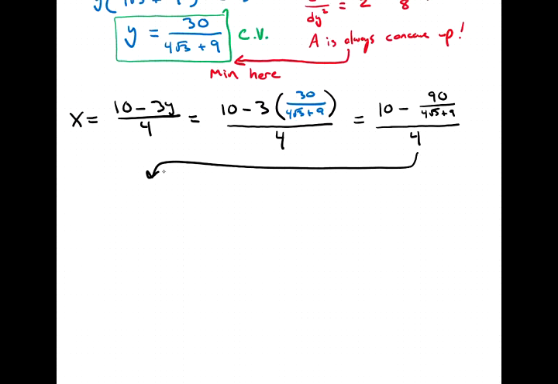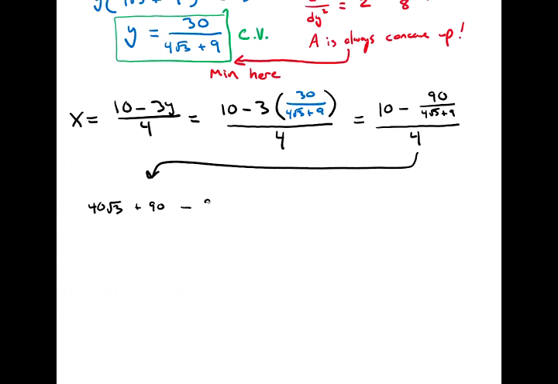Let's get a common denominator on top. So that's 10 times the 4 root 3 plus 9, so that's 40 root 3 plus 90.